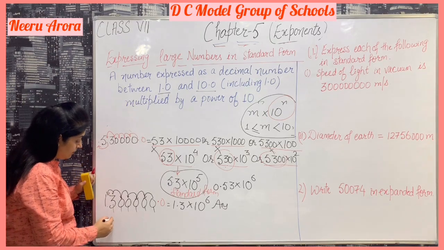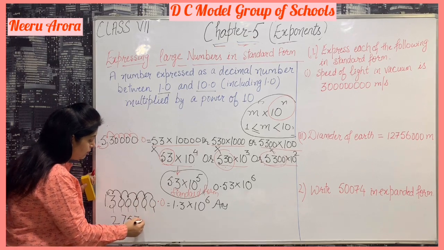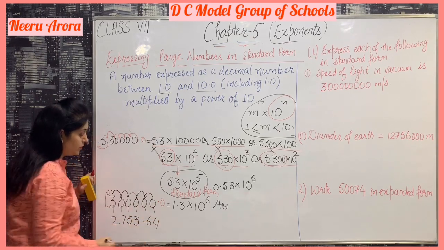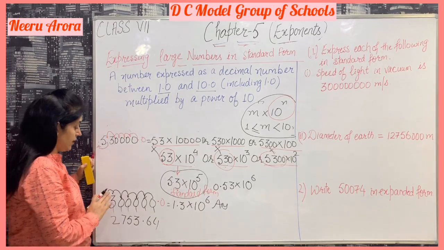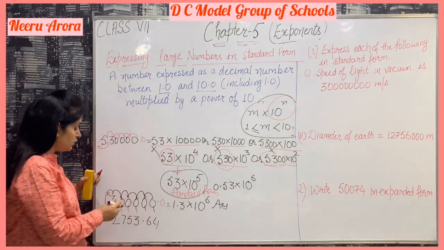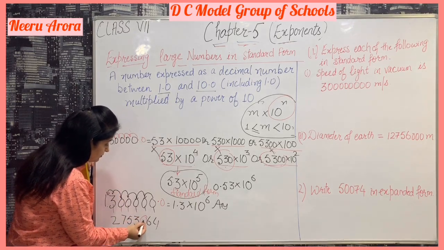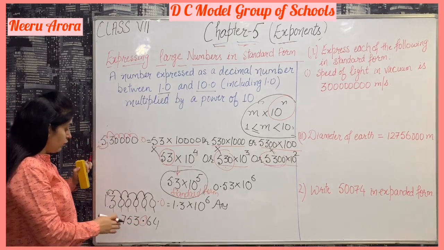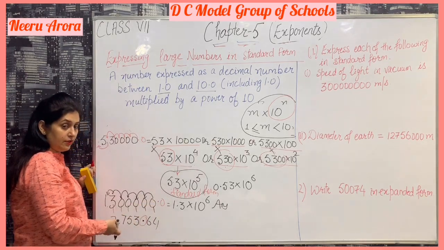Let's take one more example. 2753.64. Suppose this is the number. I want to convert this into standard form. In this, the decimal is already given. So should I shift it to the right side or the left side?